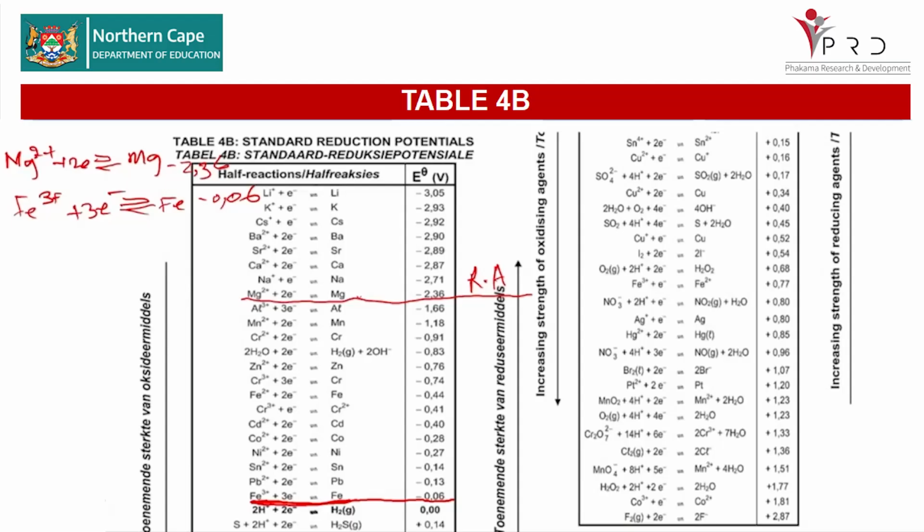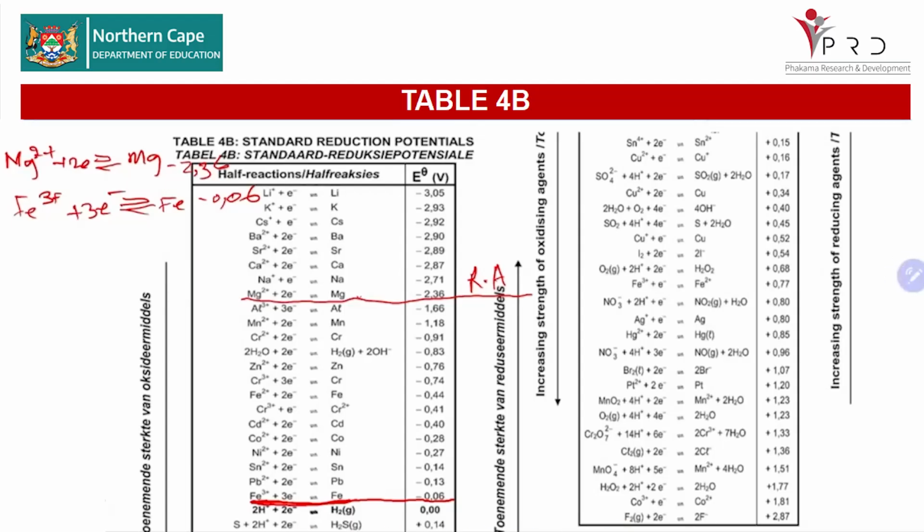So this table is a table of ability to gain electrons under standard conditions. So when you read that table, it must have meaning to you to say which one between Fe and Mg has more ability to gain electrons.